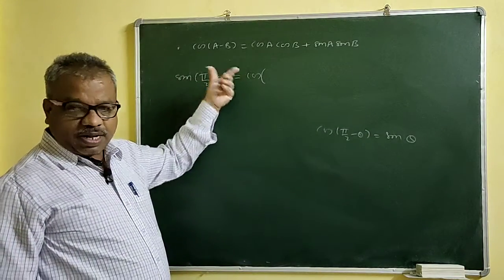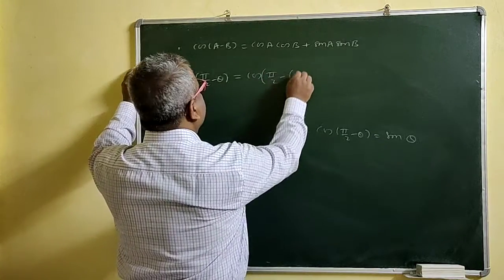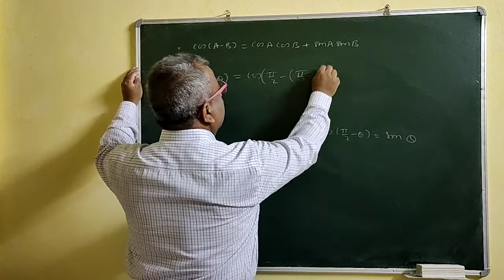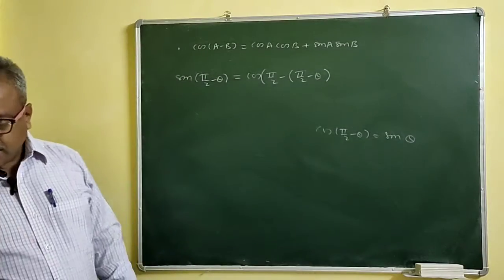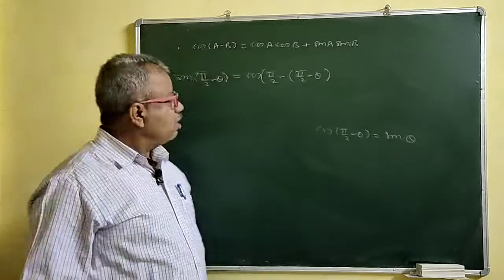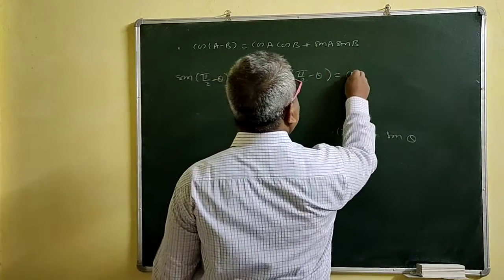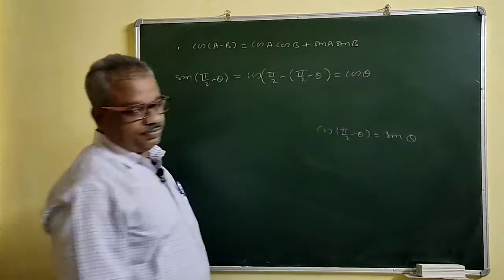Your angle is pi by 2 minus theta; subtract that from pi by 2. Just apply the reverse thing. So this is equal to what? Your pi by 2 will cancel, and this is cos theta.